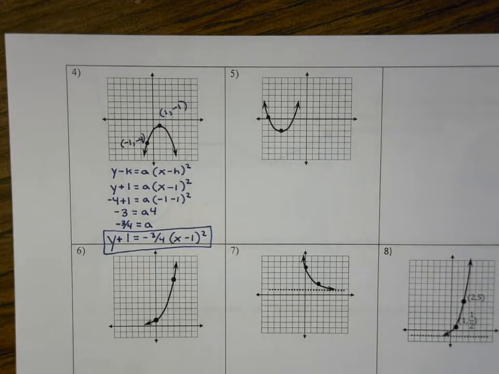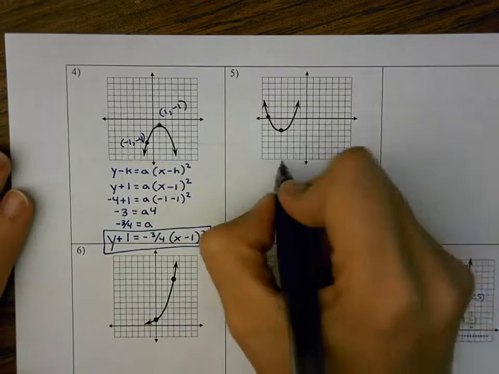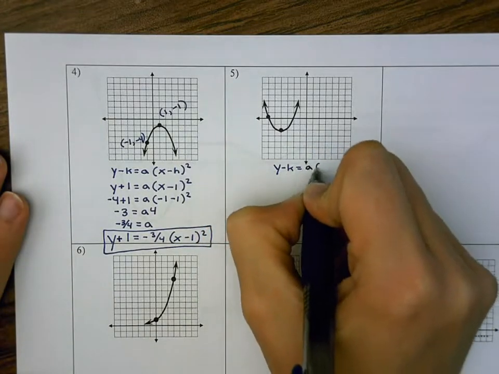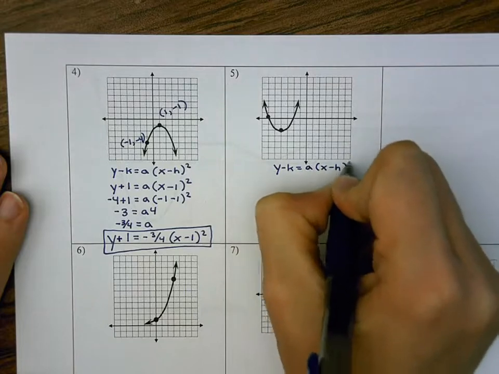Okay, with number 5, first up, what's your function family? It's a quadratic. What's the descriptive form for a quadratic? We have y minus k equals a times x minus h squared.